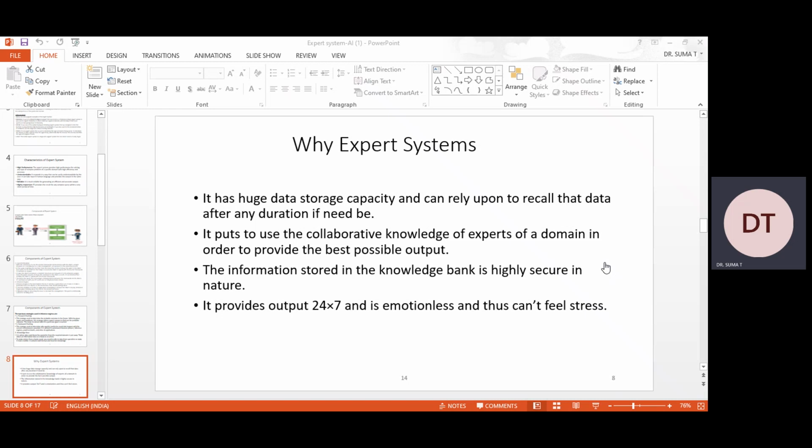Then it makes use of the collaborative knowledge of experts of a domain. When you don't find a domain knowledge person, this expert system is going to help a person handle the particular domain. Then, when an expert is too expensive, there is unintentional human bias, or it is difficult to reach a particular location, for that we need the expert system to be there.